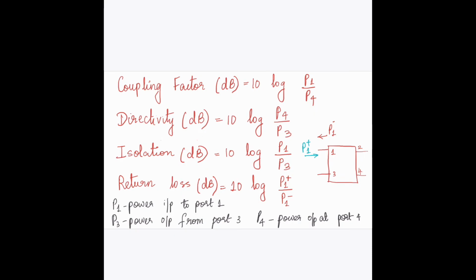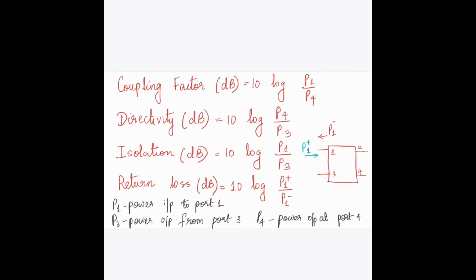The characteristics of a directional coupler are expressed in terms of four parameters: coupling factor, directivity, isolation and return loss. Assume that the wave is propagating from port 1 to port 2 in the primary line. The coupling factor is the ratio of power through port 1 to power through port 4.